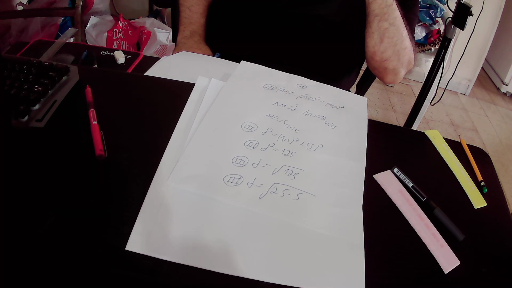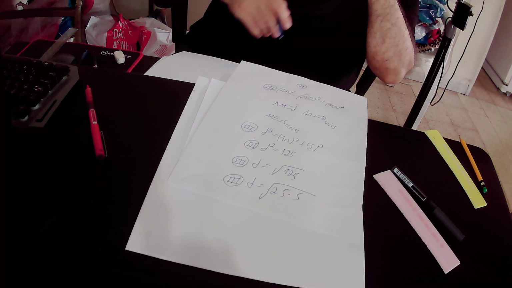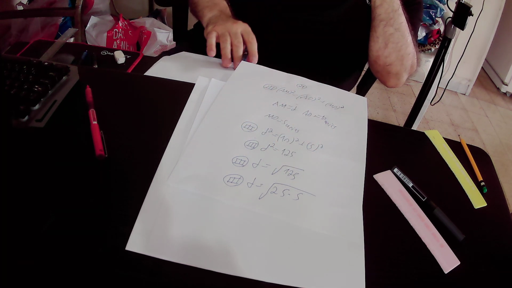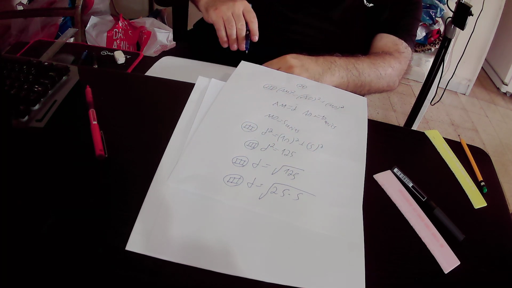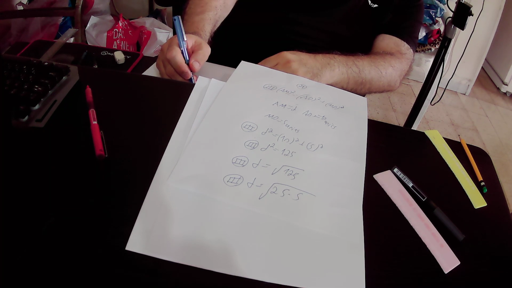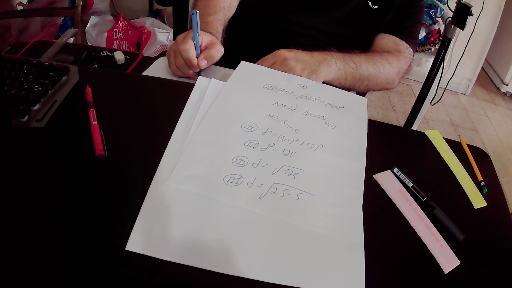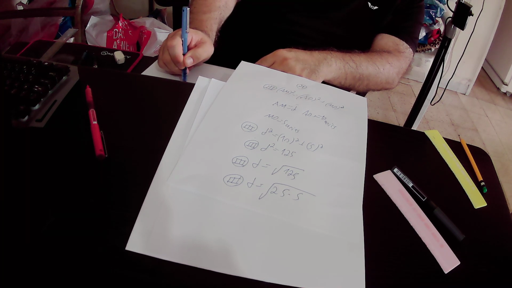In the next step, we can split this root into 2 roots, according to the rule that the root of a times b equals root a times root b.